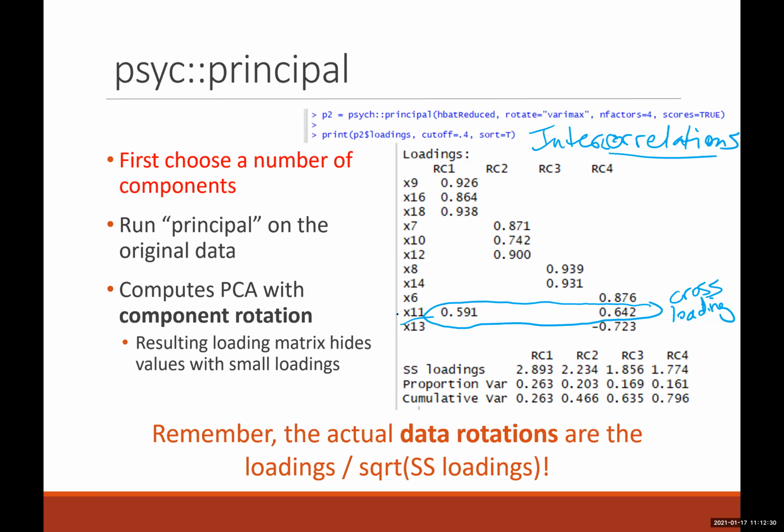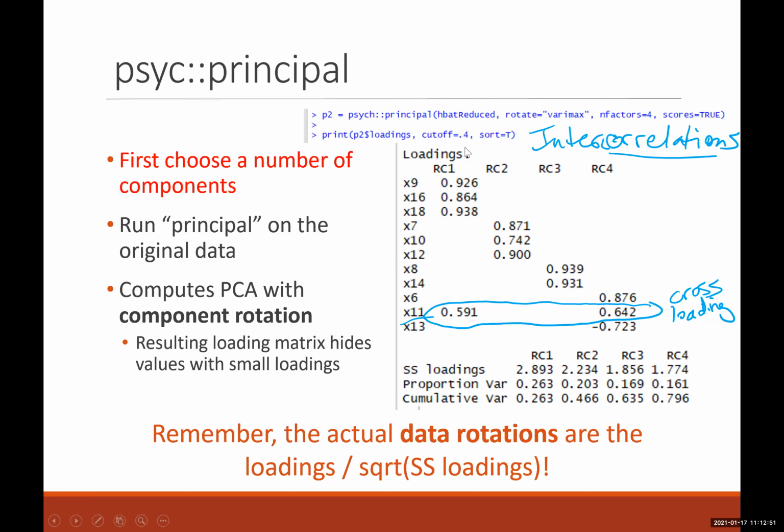So in order to correct for this, as we'll see in the lab, we may do one of 2 things. We may increase this cutoff value, which is only showing loadings greater than or equal to 0.4.